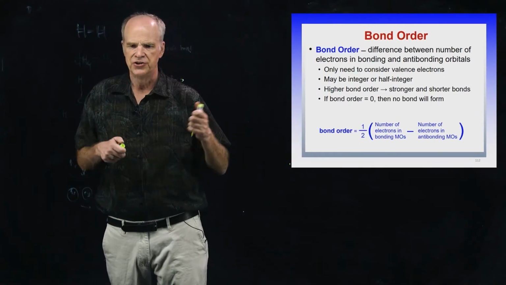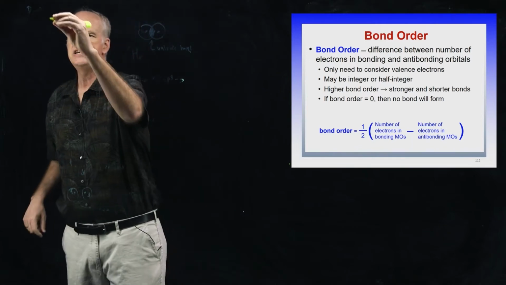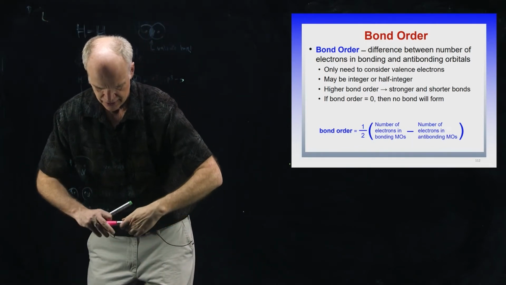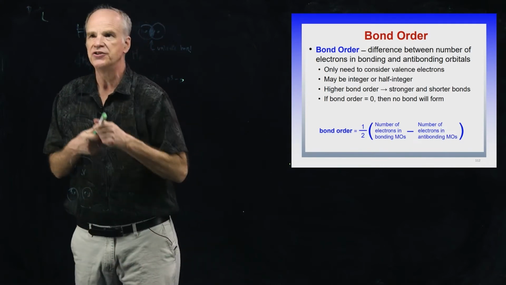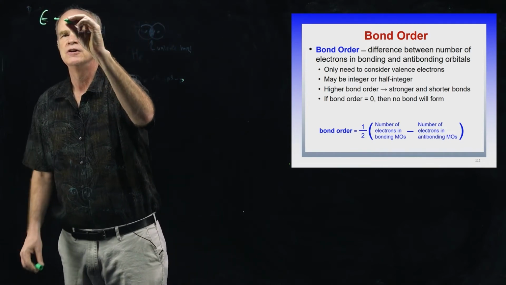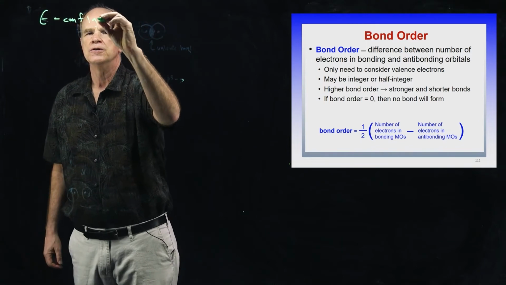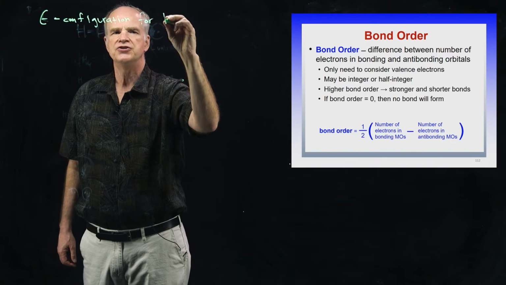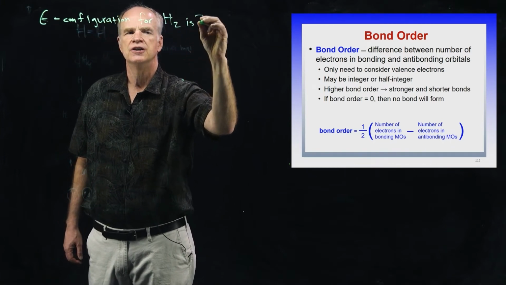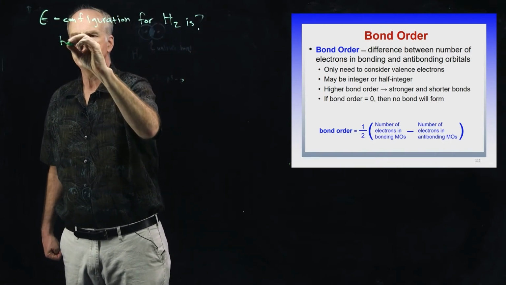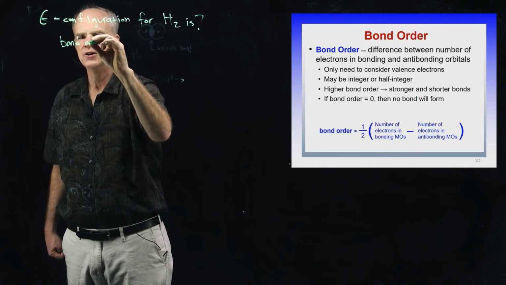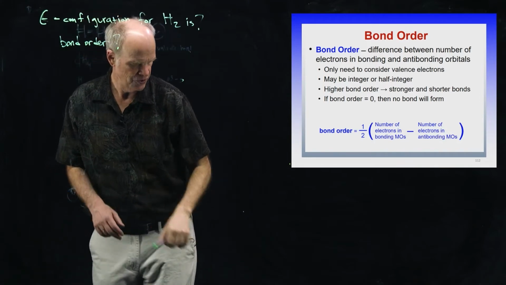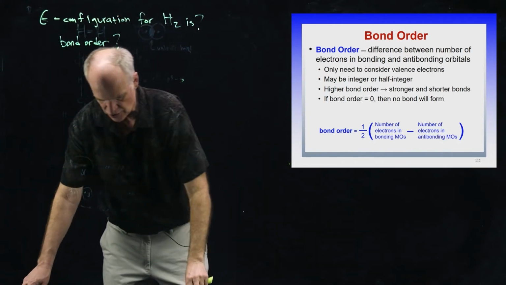We want to figure out what the electron configuration for H2 is, and then also something called bond order for H2. So let me talk a little bit about how you go about doing that.